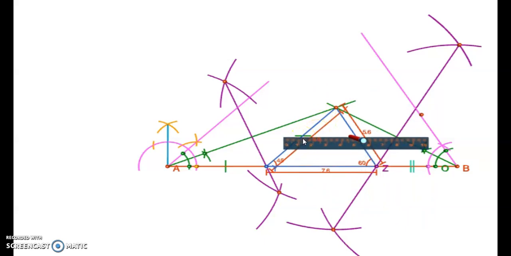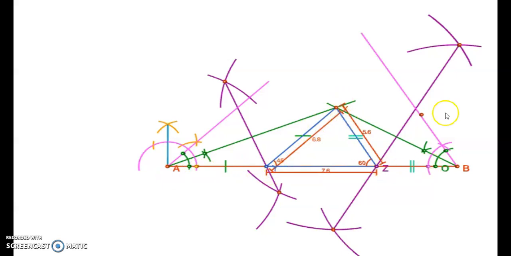Now just look at the construction. You can observe as Y is a point on the perpendicular bisector of AX. You can see that this Y will be at equal distance from its endpoints A and X. That is, AY will be equal to XY. So this length is equal to this length.